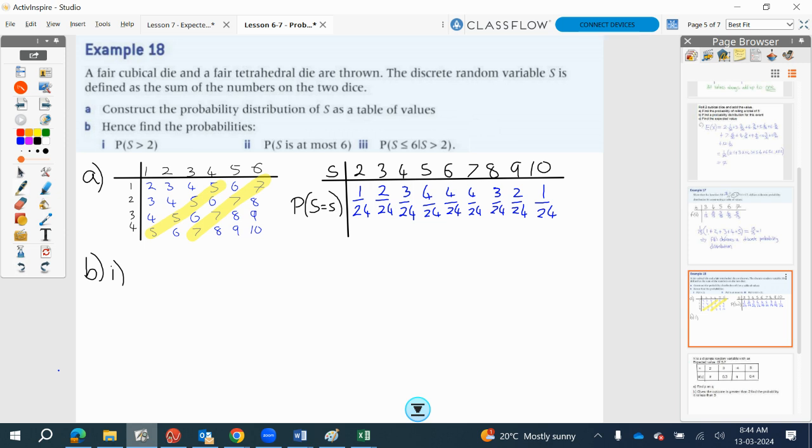So the probability that S is greater than 2 is equal to 1 minus the probability that S equals 2. So it's 1 minus 1 over 24, 23 over 24. Complementary probability.